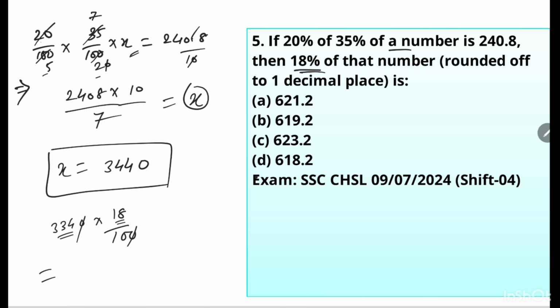So it will become around 6192. Then you can add the point here. So which option do we have? The option number B we have.